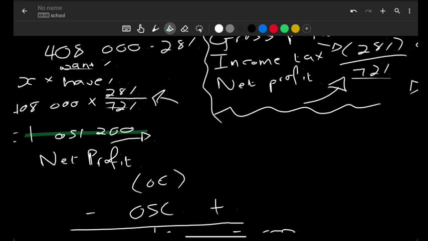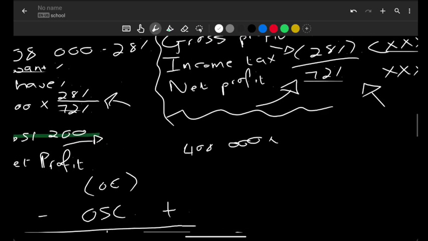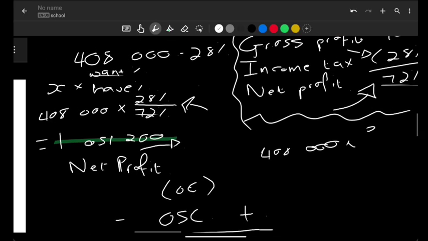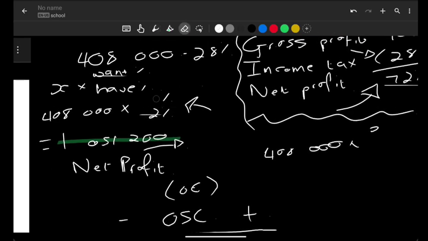So same thing, 408,123 multiplied by what we want over what we have. Sorry, this was upside down.